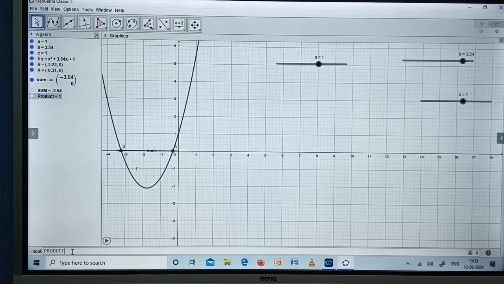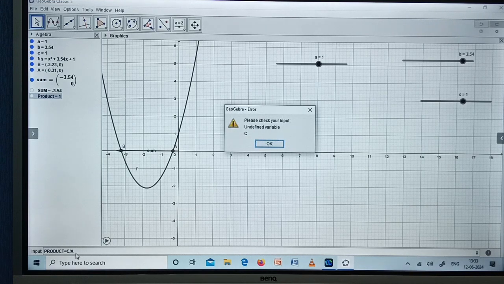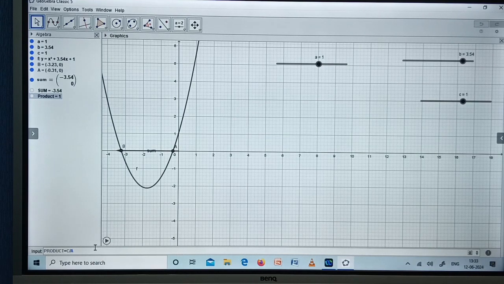I am using capital letters to type equal to c by a. C by A. I should use small letters, right?